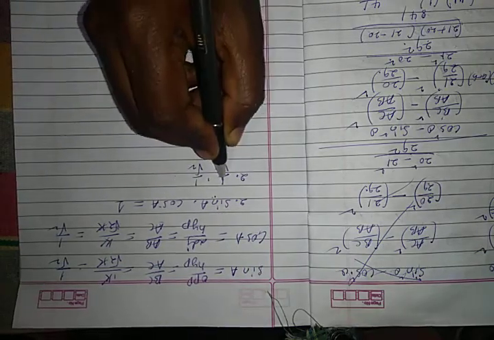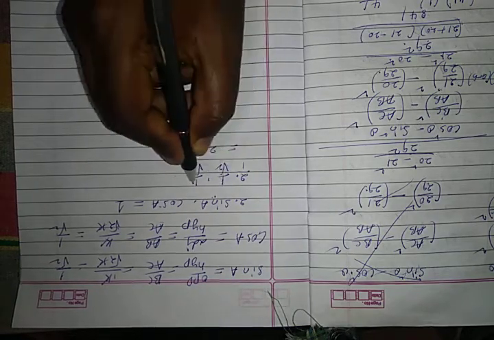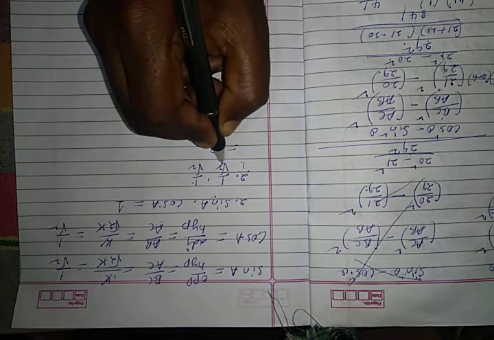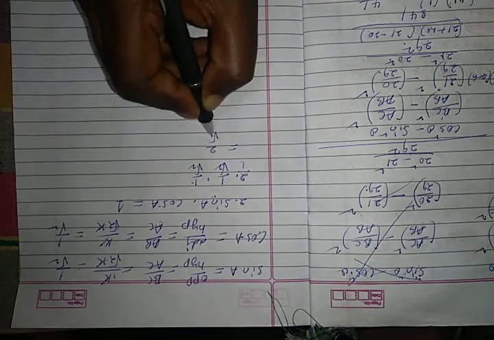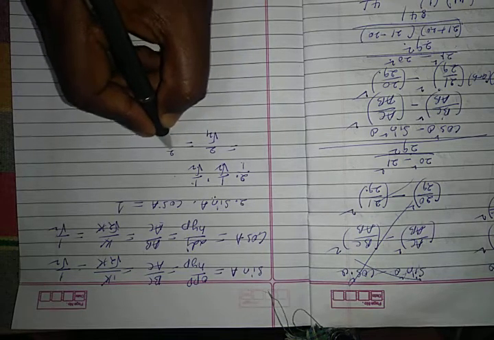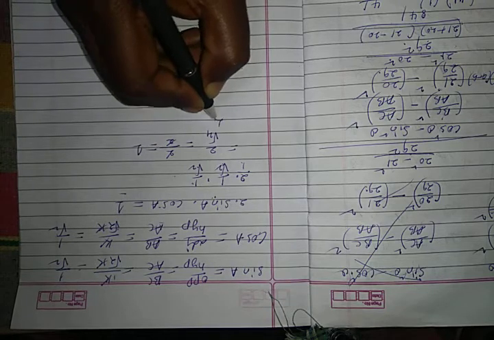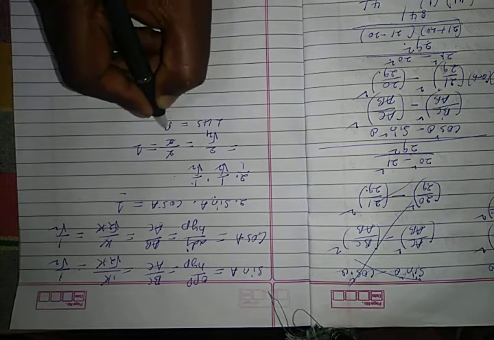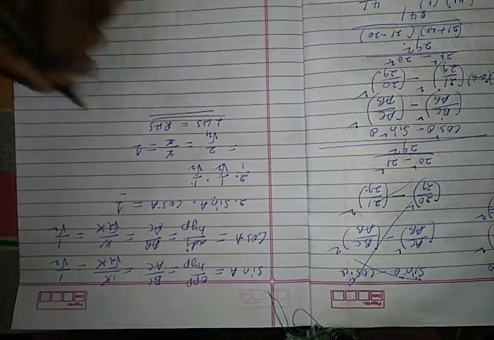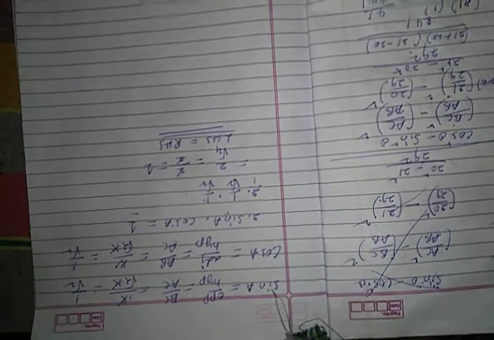So 2 into 1 is 2, and root 2 into root 2 is root 4. The value of root 4 is 2. Then 2 by 2 is equal to 1. So LHS is equal to RHS. So this is verified.